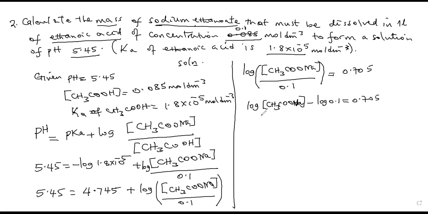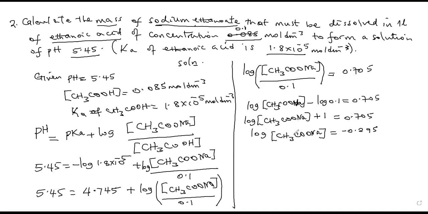Now, this one is unknown, and therefore we are going to keep it as logarithm of the concentration of sodium ethanoate plus, this one will make it positive 1. The negative logarithm of 0.1 is positive 1, and this is 0.705. Now, when you take the 1 to this side, the logarithm of the concentration of sodium ethanoate is equal to, when you subtract 1, negative 0.295.